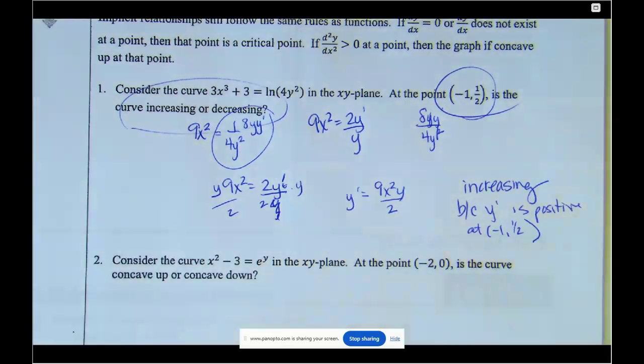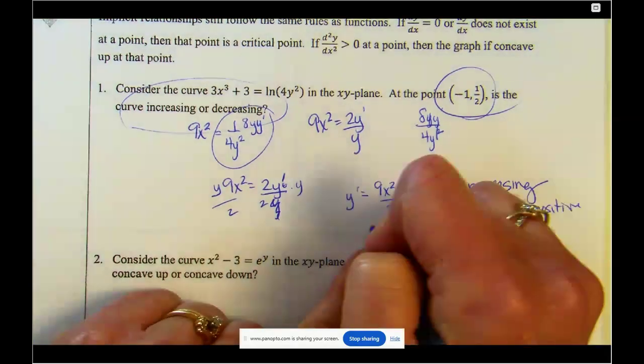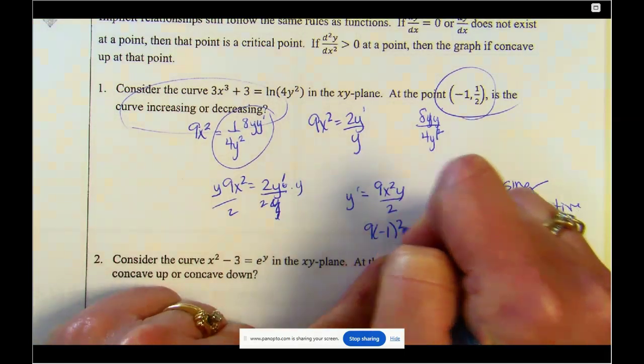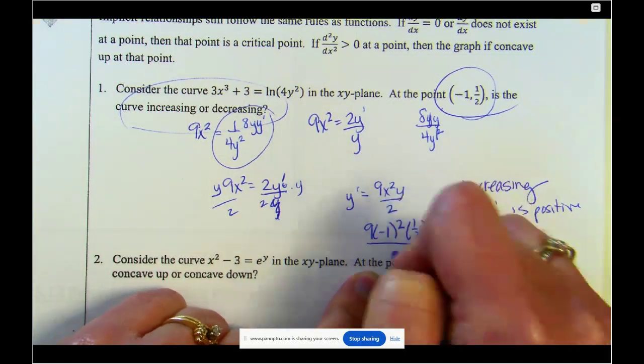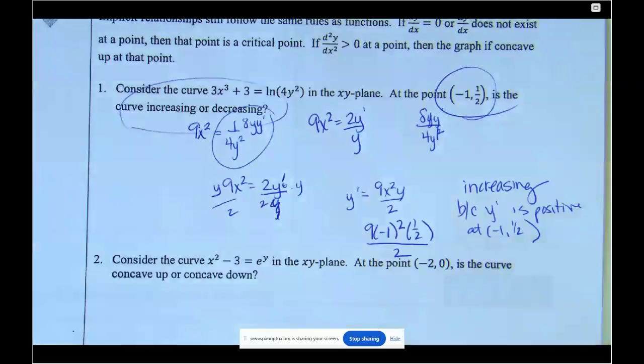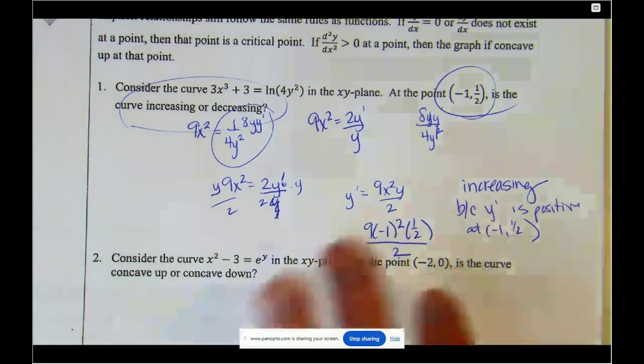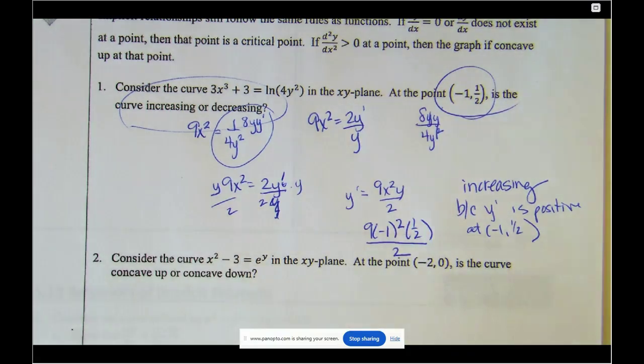All we did was plug in the negative 1 and the 1/2. You don't even need to know what that equals, as long as you know that it's positive. This is squared, so the negative is going to go away, times the 1/2 divided by 2. That's all positive. Done.